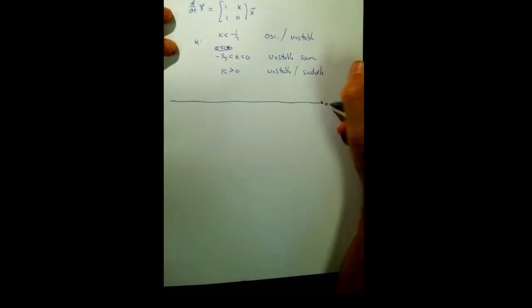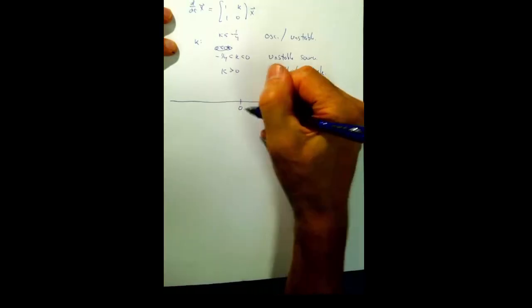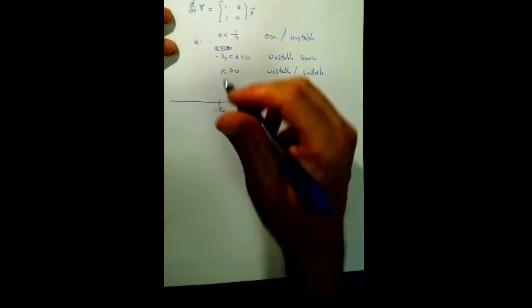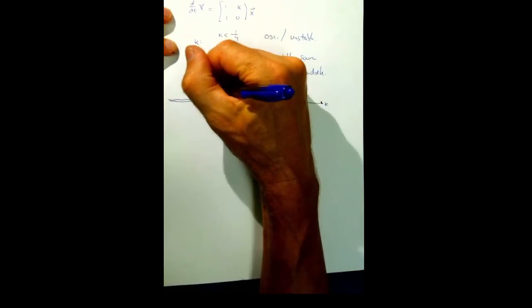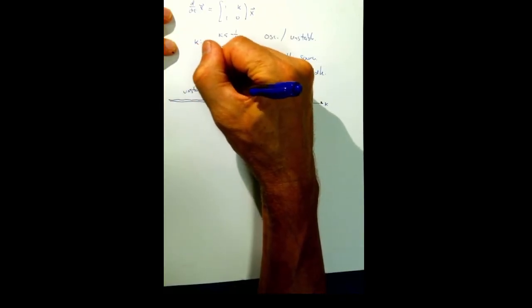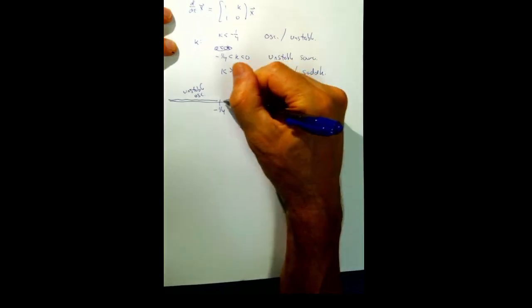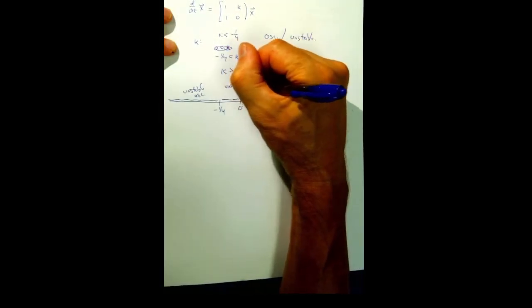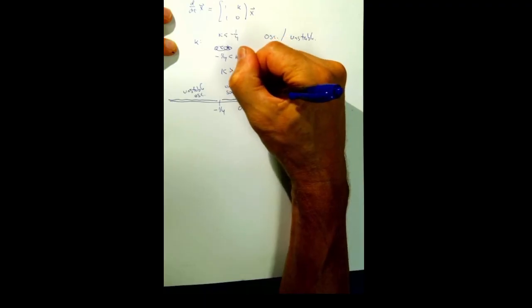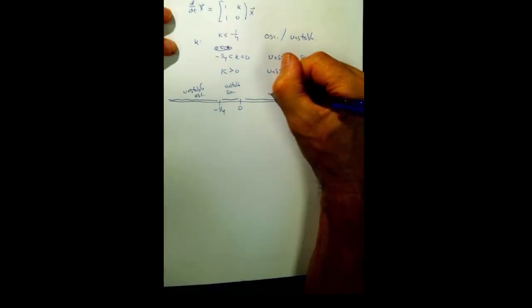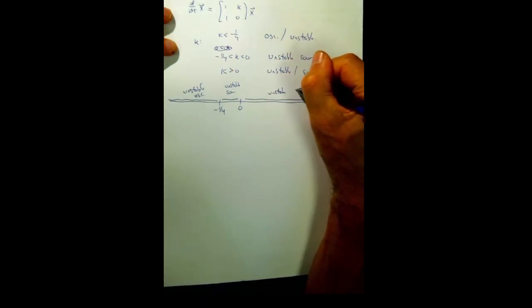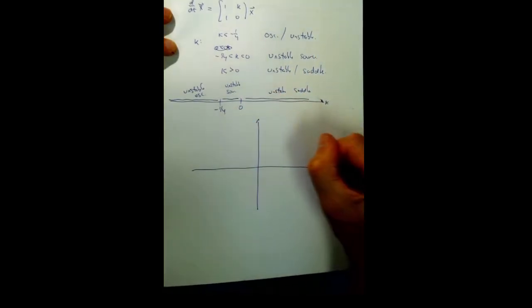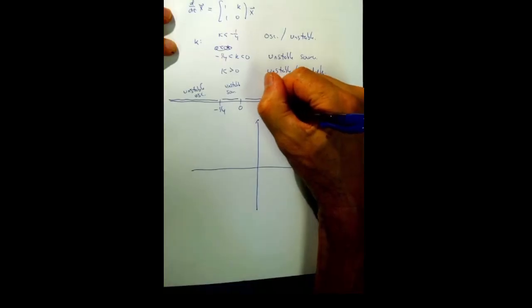All right, so for different values of k, if k is less than -1/4, it's unstable with oscillations. Between -1/4 and 0, it's an unstable source. And k greater than 0, it's an unstable saddle. And the way we got that was looking in the trace-determinant plane.